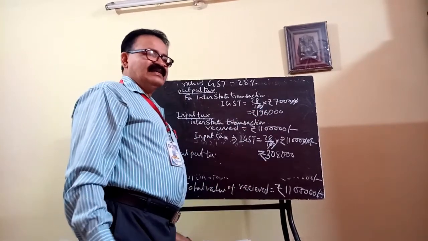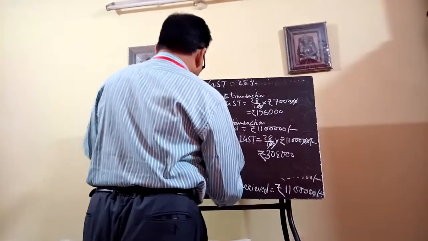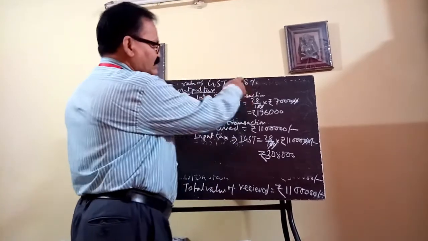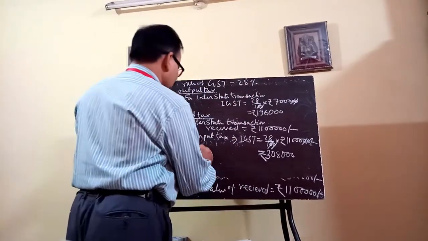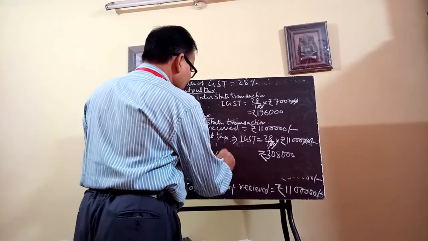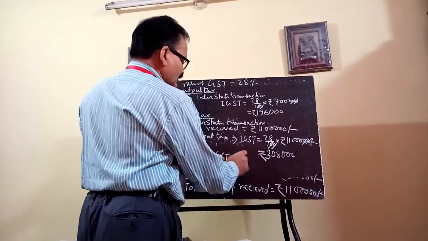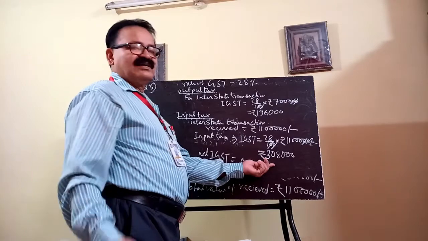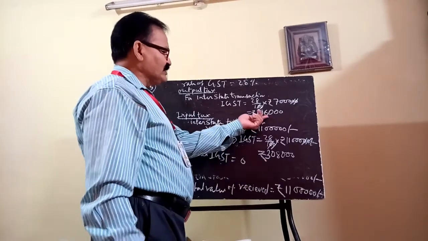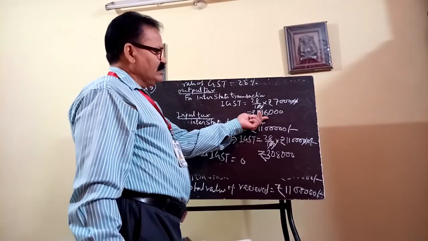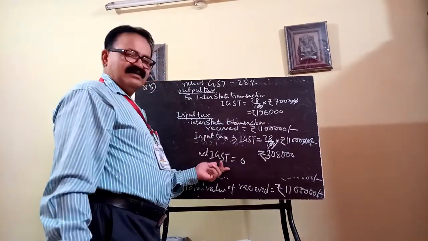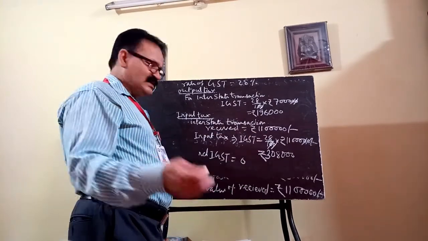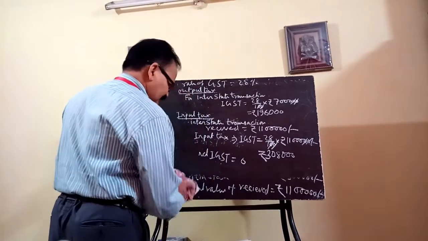That means the net IGST payable will be 0, because the dealer paid more taxes while receiving the goods than he received while selling to the other state. So the dealer will not pay any IGST for the transaction of goods with the other state.